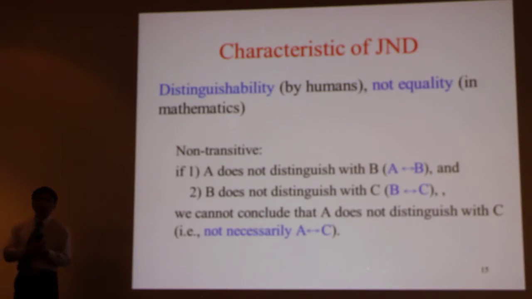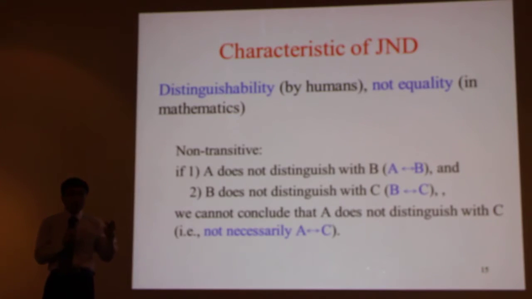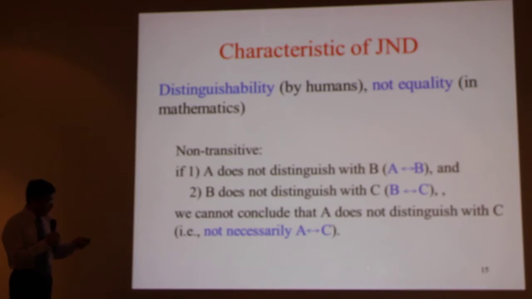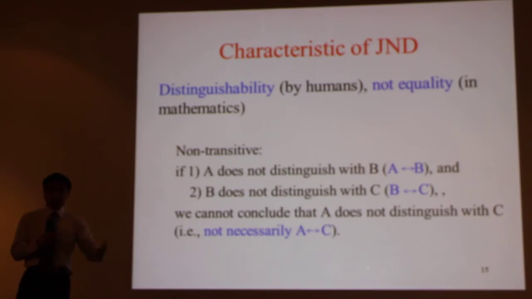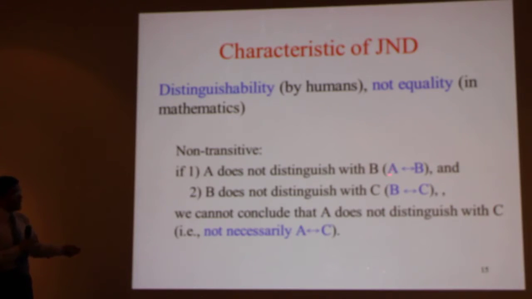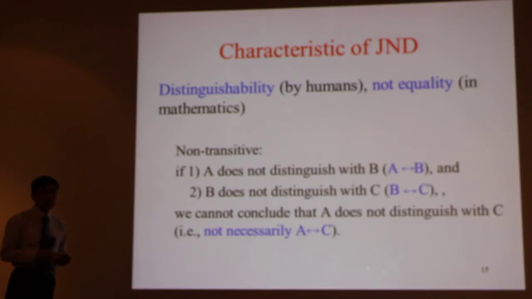Okay, first of all, JND is something about being distinguished, not equal, right? In mathematics, if A equals B and B equals C, then we can jump to the conclusion that A equals C. But in JND, this is not the case, because if A does not distinguish from B, and B does not distinguish from C, then A and C are not necessarily indistinguishable from each other.